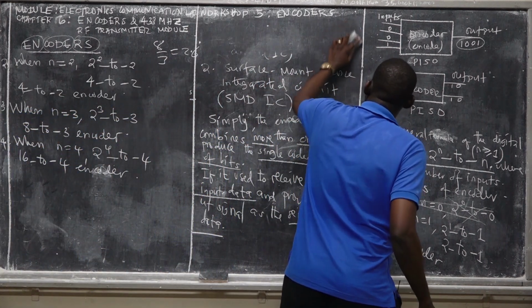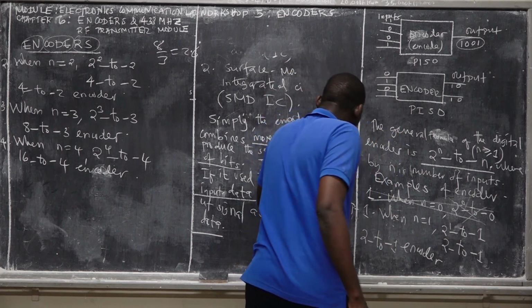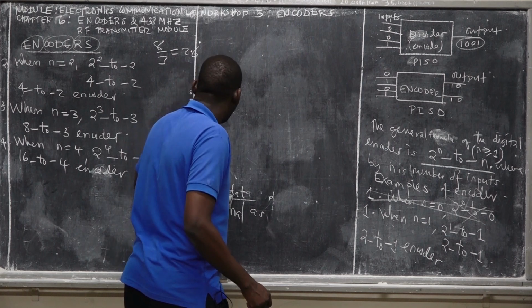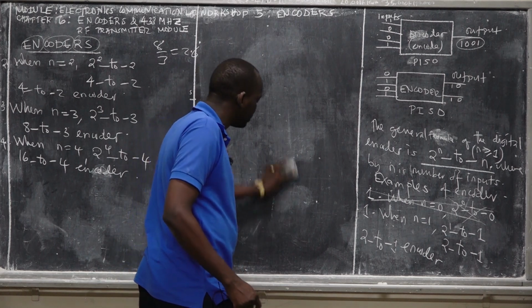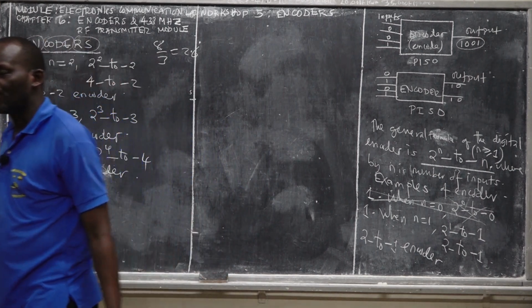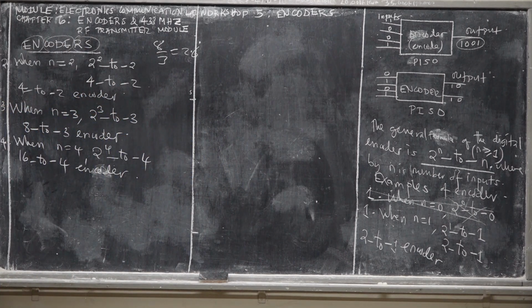So let us narrow the concept into something more practical for the electronics communication laboratory. We know the definitions of encoder. We know some examples of encoder. We have a number of different types of encoders, including priority encoders.